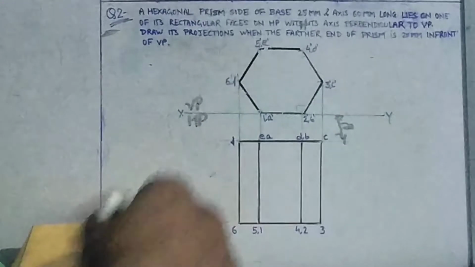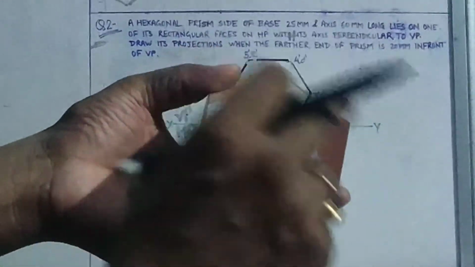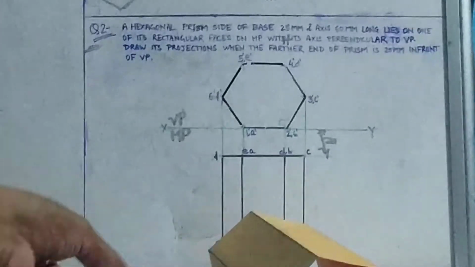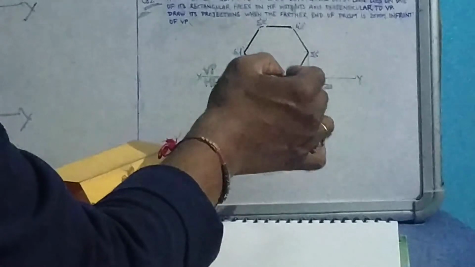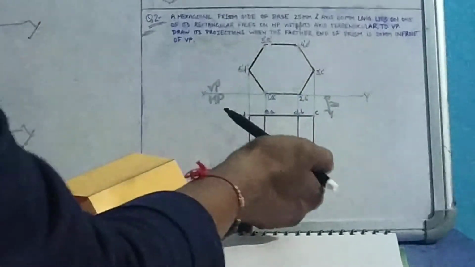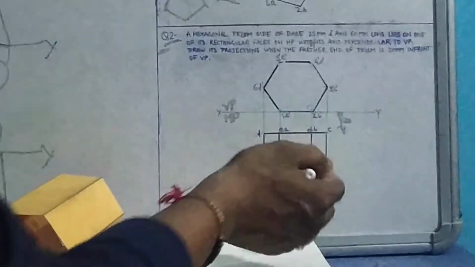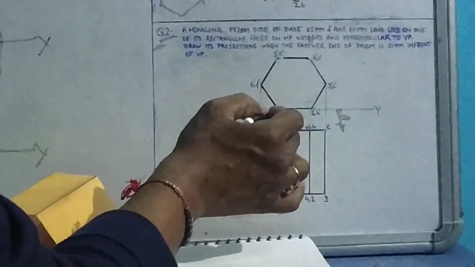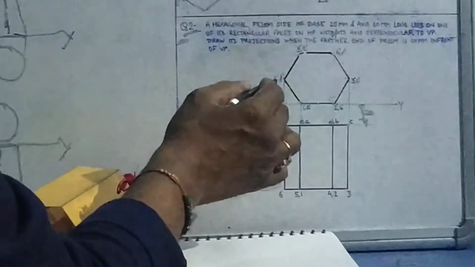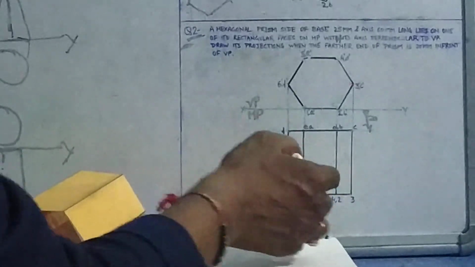With respect to this, as we already know, this front portion is A, B, C, D, E. When we draw and the HP plane is rotated, the surfaces 1, 2, 3, 4 will be here. So this 3 will become here, this 4 and 2 will come here, this 5 and 1 will become here, this 6 will become here.